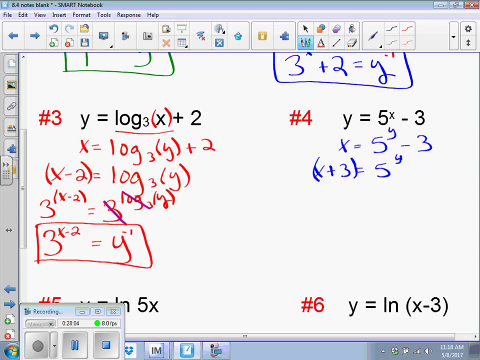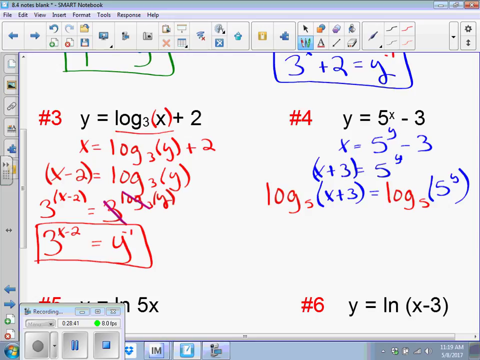Now, what do we do? Take the log base what? What's my base for that? The base is 5. So we're going to take the log base 5 of both sides. So, log base 5 of x plus 3 equals log base 5 of 5 to the y.